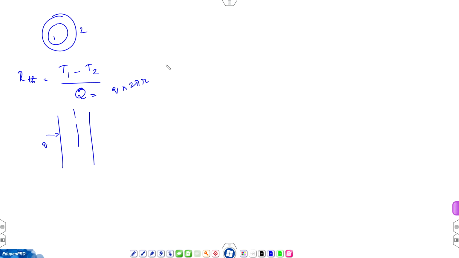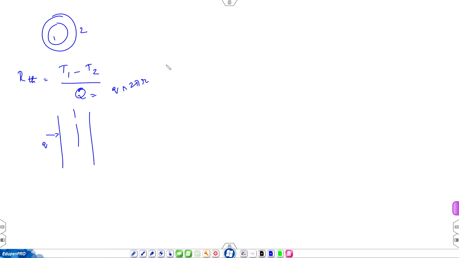So, here the resistance is defined with respect to capital Q. It does not matter in case of a slab, because the same small q passes through all the planes of the slab. So, this turned out to be, I just gave you the solution, right, C0 plus C1 log r.